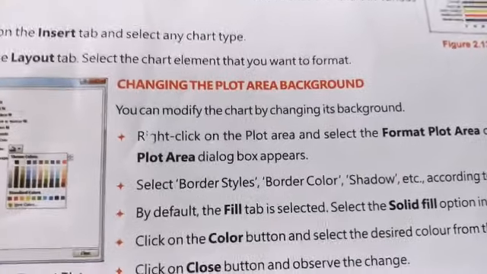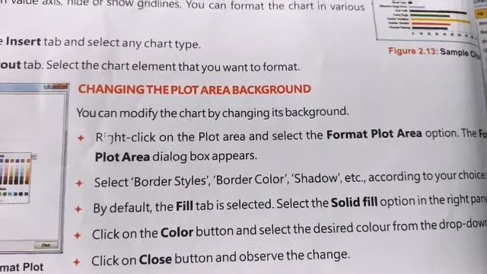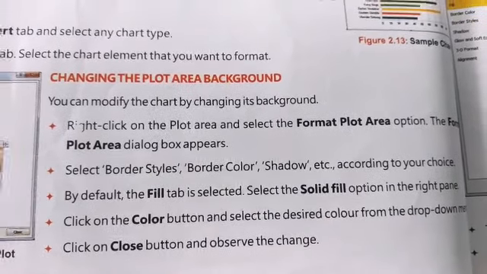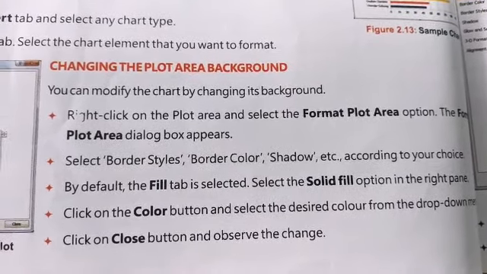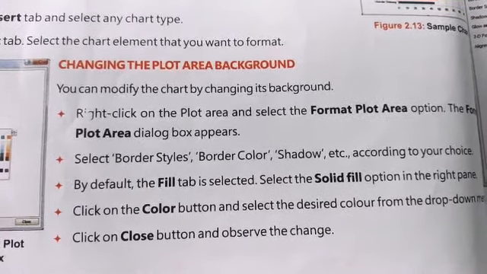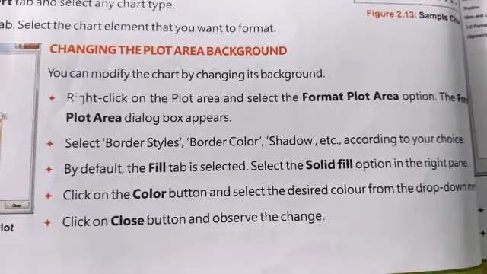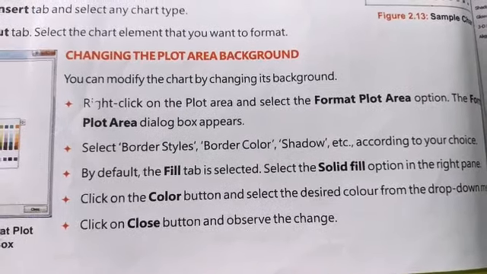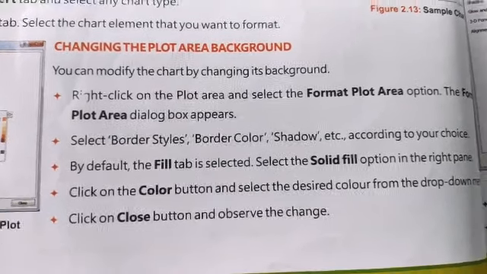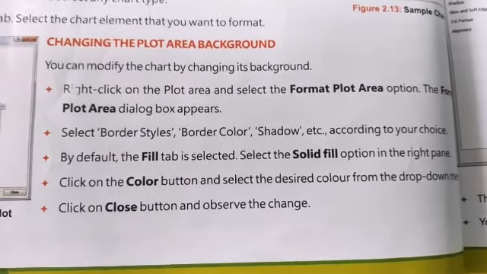Let us see. You can modify the chart area by changing its background. First of all, you have to right click on the plot area, that means on your chart, then select the border style, border color, shadow, etc. according to your choice. Then by default the Fill tab is selected. Select the Solid fill option in the right panel. Click the color button.